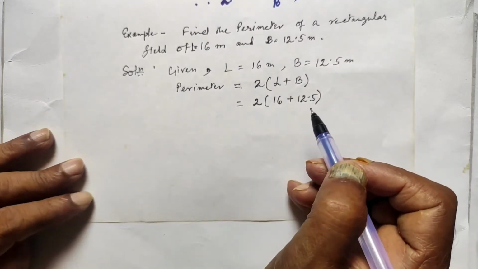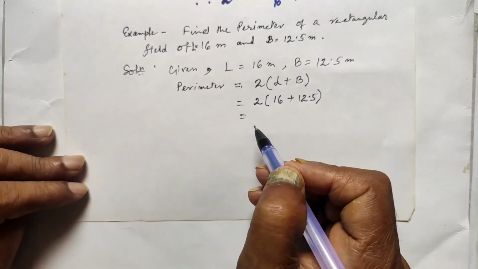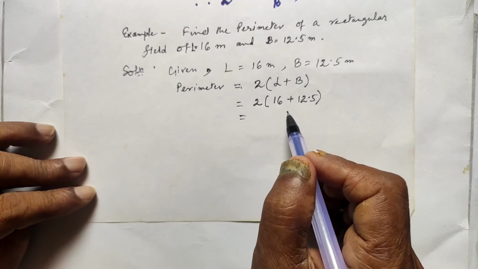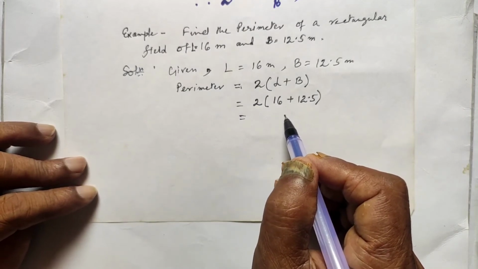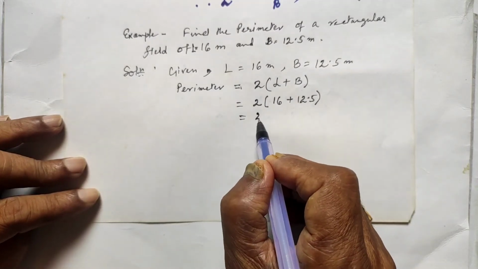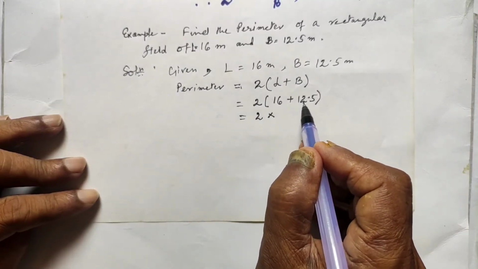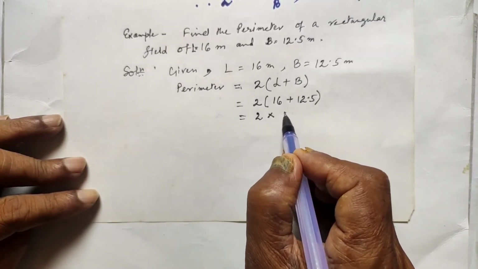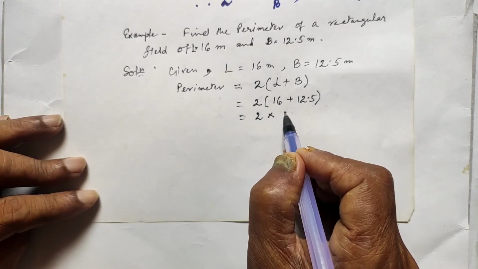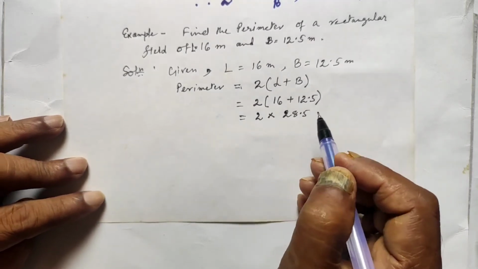You must know the fractions and the decimals, otherwise your sum will not come out right. So how much do you get if you take them together? 16 plus 12.5 is 28.5.